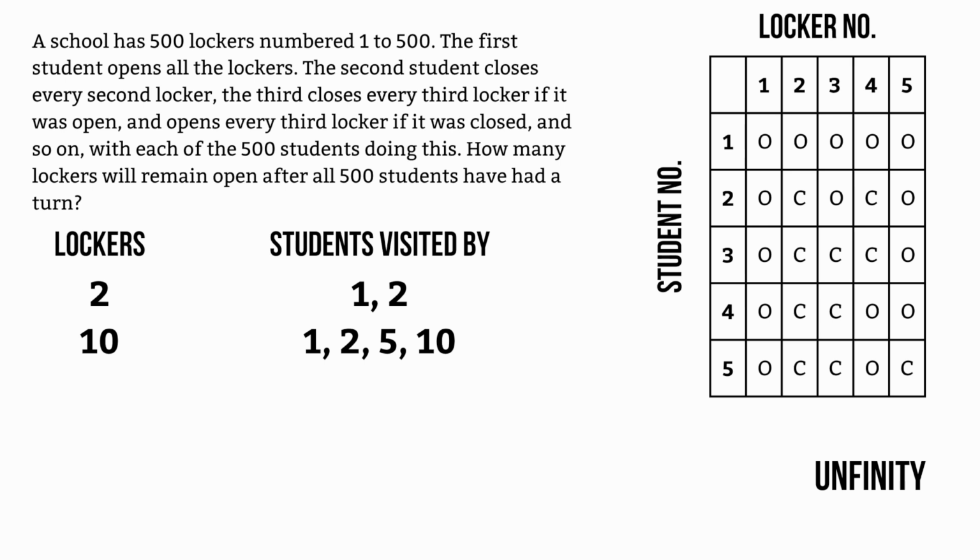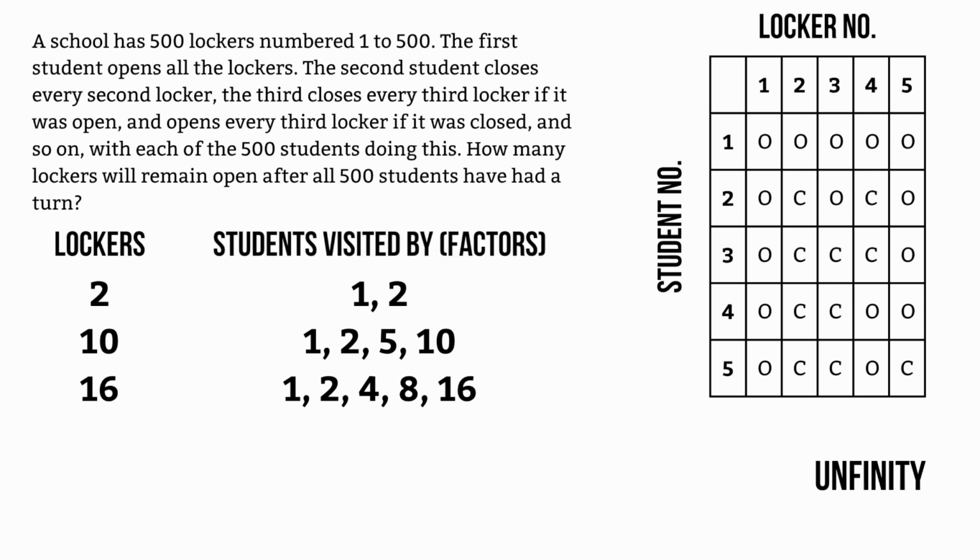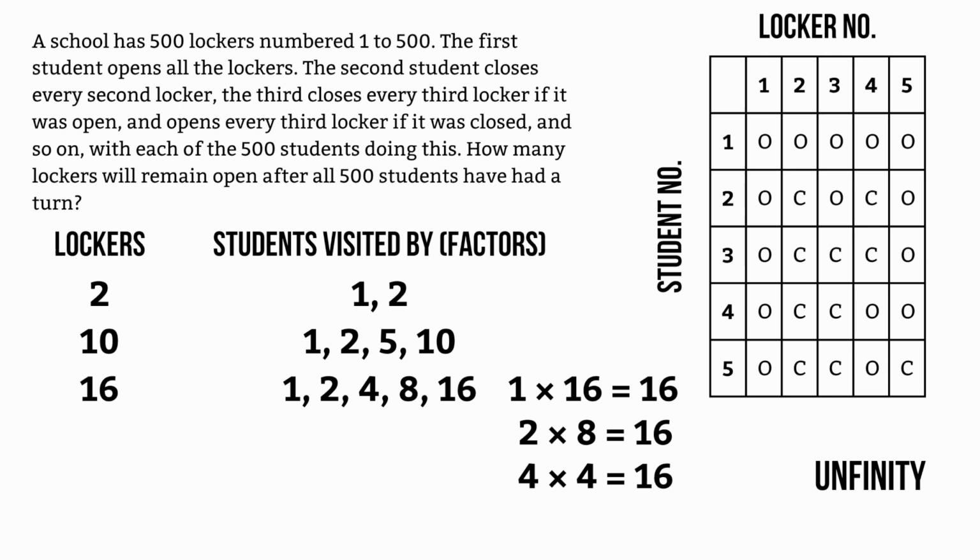Moving to another number, locker number 16 will be touched by student number 1, 2, 4, 8 and 16. So here again you can see that 16 has 5 factors because 16 has a special factor which is 4, which is multiplying with itself to form 16.